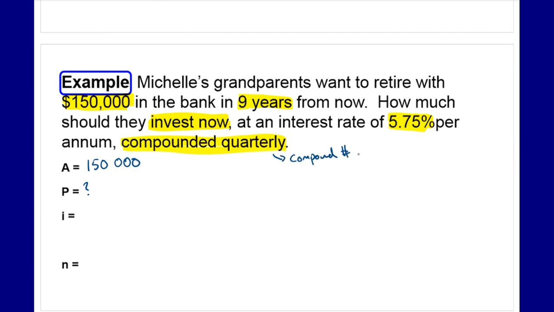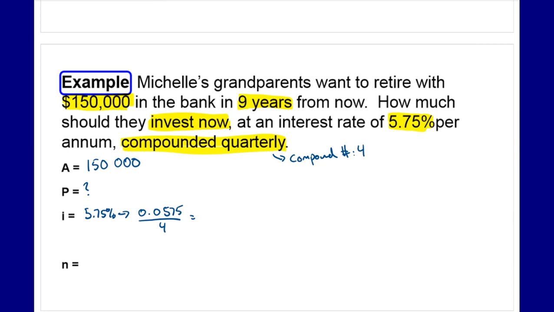So our compound number is 4 because it's quarterly. That means we take the percent, 5.75%, convert it to a decimal, 0.0575, and divide that by 4, and that gives us our i value.